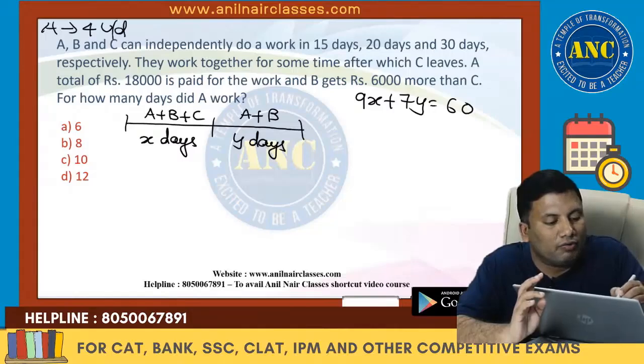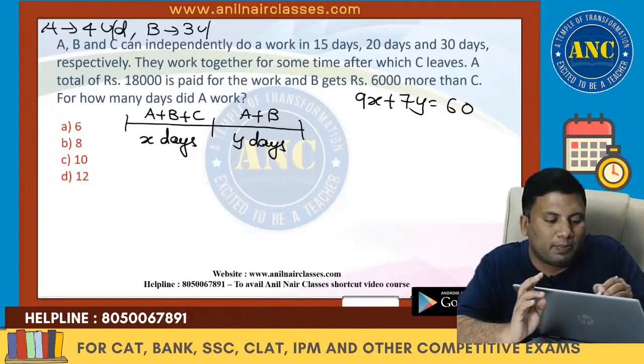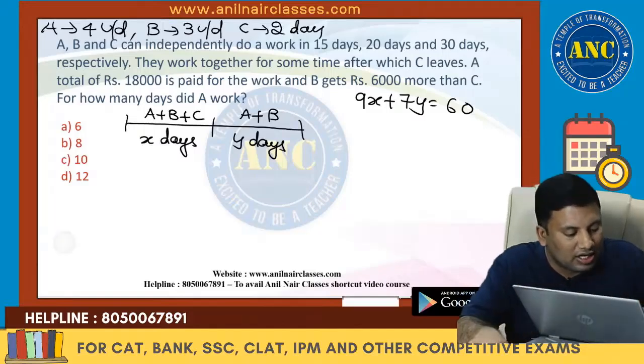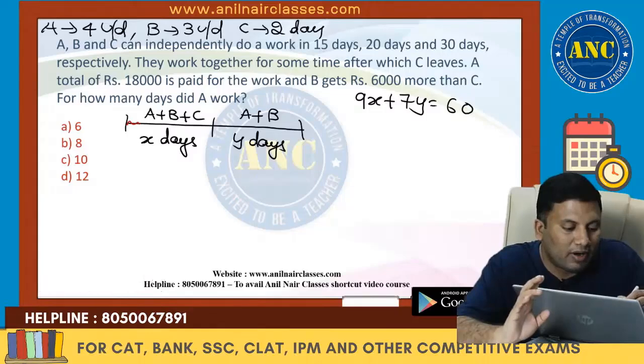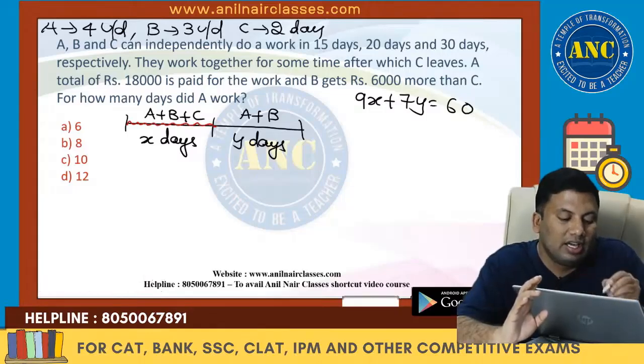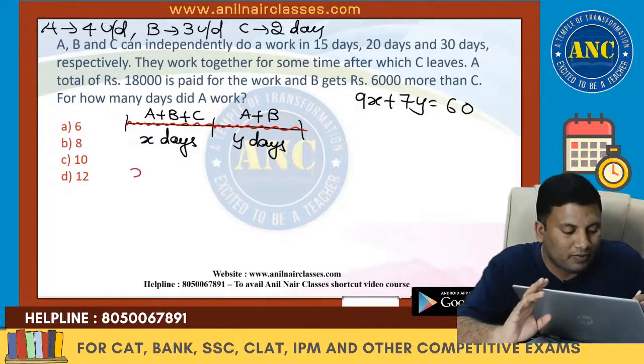A will do 4 units per day, B will do 3 units per day and C will do 2 units per day. Now if you think logically, B worked for X days. Here B also worked for Y days. So B worked for X days and Y days.